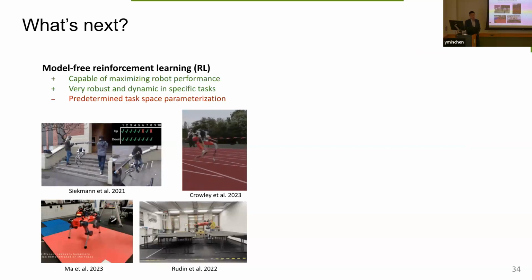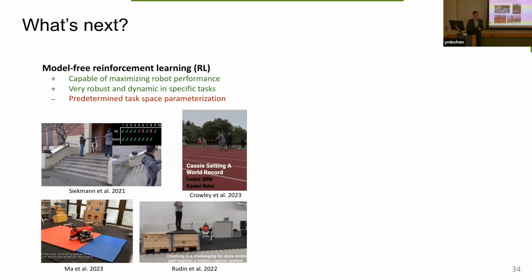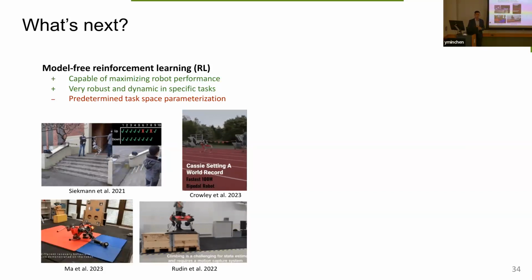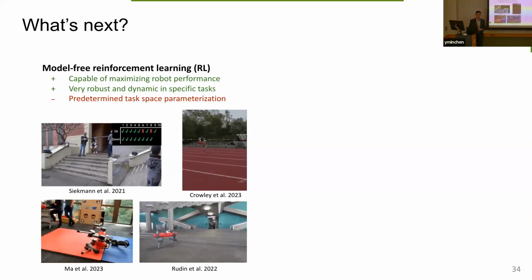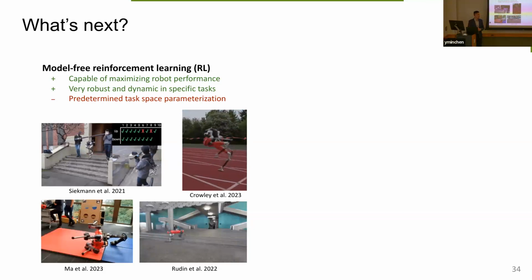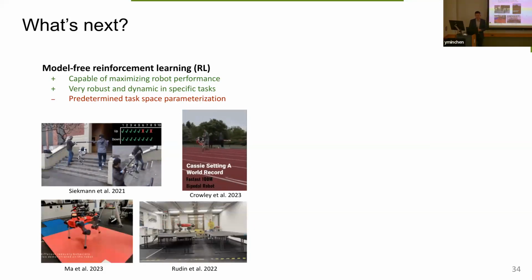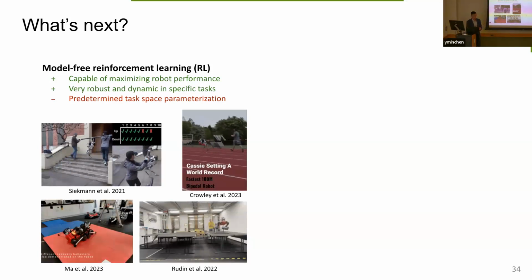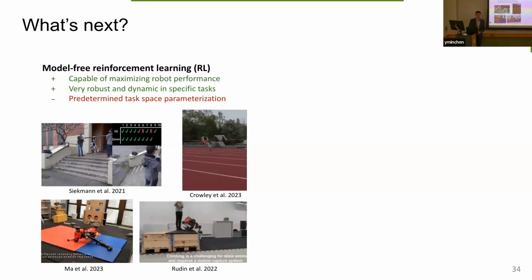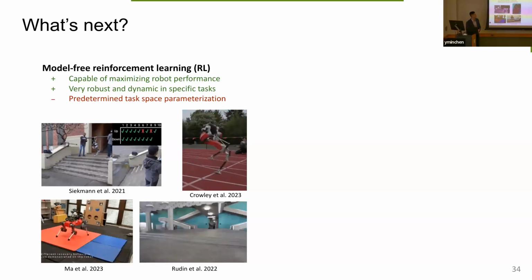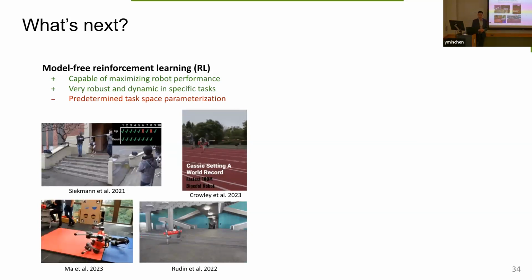Okay, so future work, what's next? Because in the last chapter, we turned the problem into a reinforcement learning problem. Some people might ask, why not just use a full-on black box reinforcement learning method? Well, even though it shows really good performance in specific tasks, there's one downside, which is the task-based parameterization is determined during training.